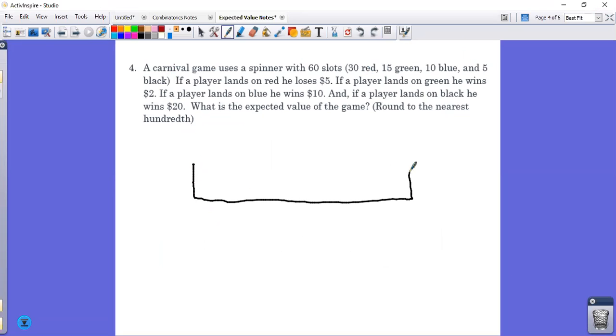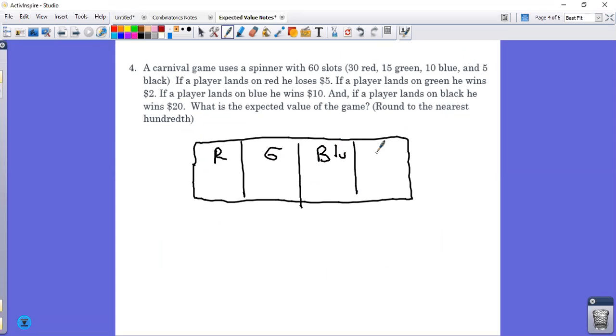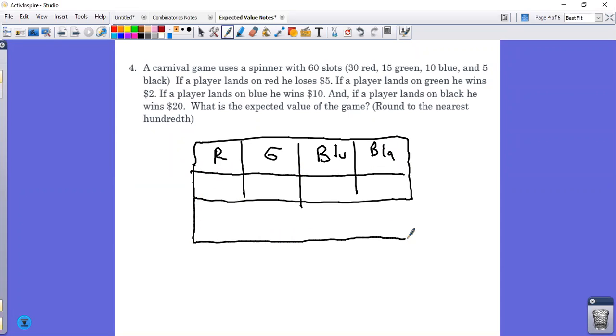So make your probability distribution: red, green, blue, and black. Those are not values. So I still need the value of each one of those.